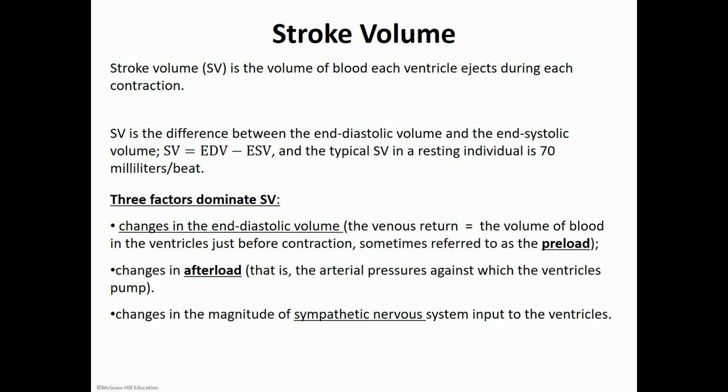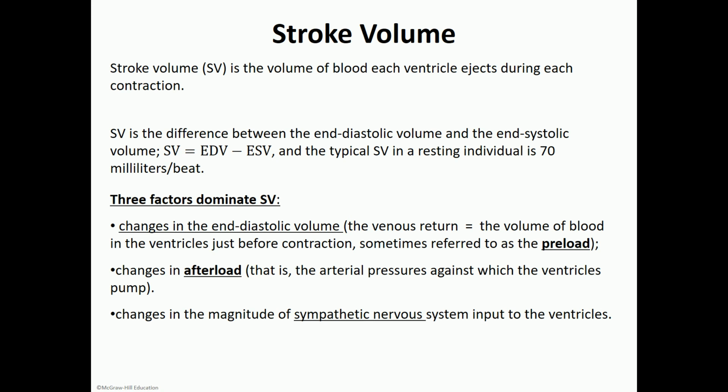I'll just give you an example, and these are very hypothetical numbers. Let's say that the right ventricle fills up with blood, and at the end of diastole, it's at about 100 milliliters. Then when it contracts, you measure the amount of blood that remains after the contraction, and you find it to be 25 milliliters.